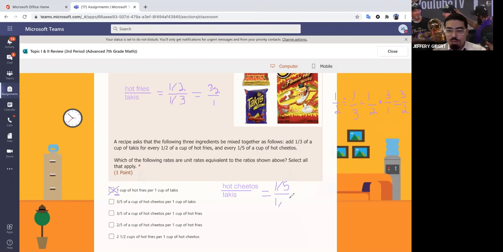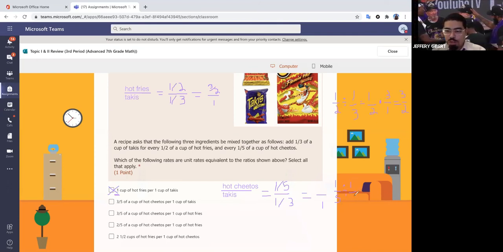And remember, to get the unit rate, you just do the top divided by the bottom. So we're going to do 1/5 divided by 1/3. But when you divide fractions, keep the first fraction the same. Change division to multiplication and flip the second fraction to its reciprocal.